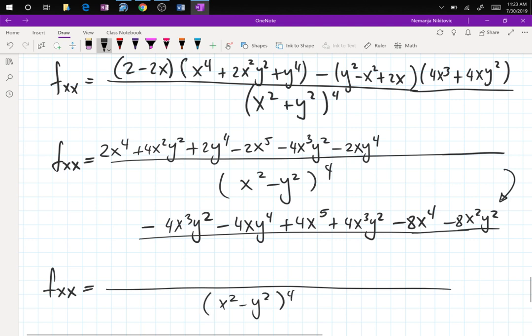X squared minus y squared to the 4th power. That's the denominator, right? Alright, so now let's see if we have any like terms. And we do. Orange over here. Negative 6x to the 4th. I think I had 5. Yeah, there it is. This one and this one. So plus 2x to the 5th.